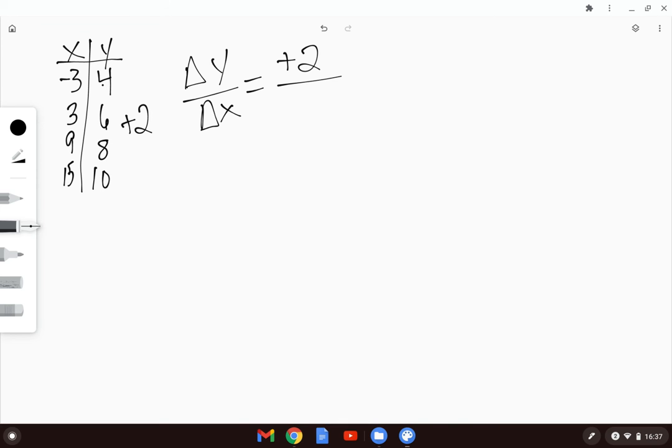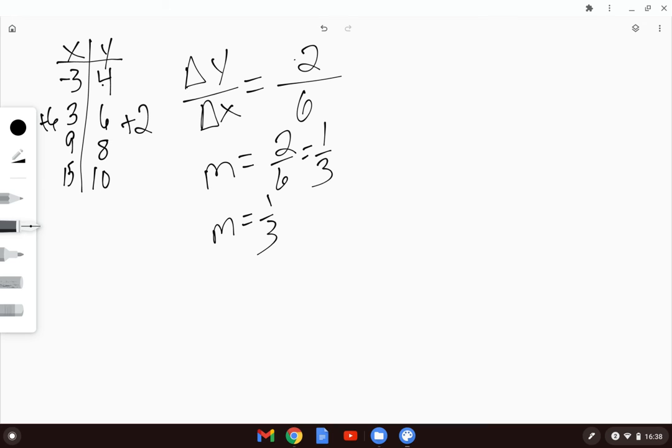So all of these are increasing by 6. So my change in y is 2. My change in x is 6. All right. So I then have m equals 2/6, which will reduce to 1/3. So in this particular problem, again, my slope is going to be 1/3.